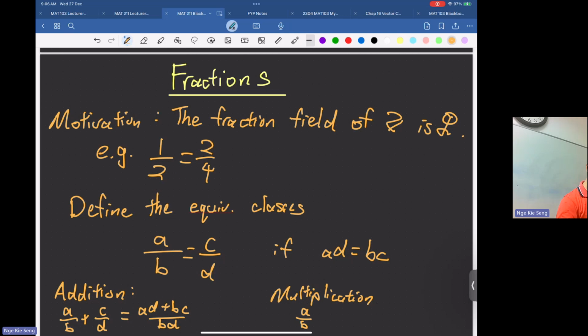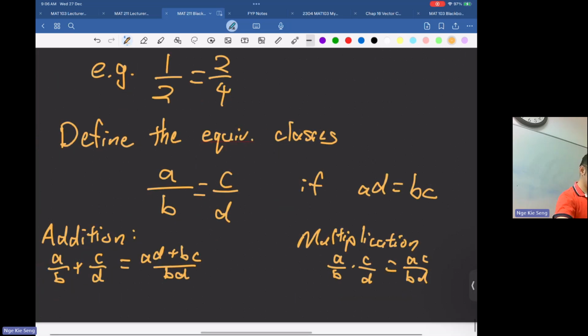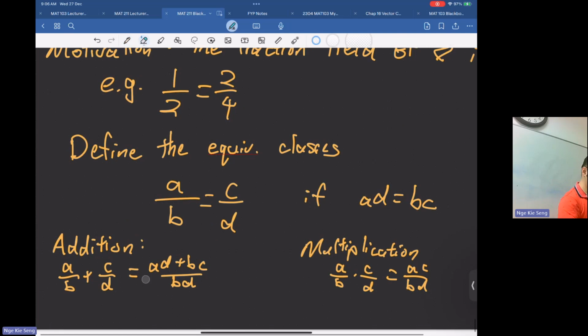And then A over B times C over D equals AC over BD. This definition makes sense because we just multiply numbers together and then we put them either above the line or below the fraction line.